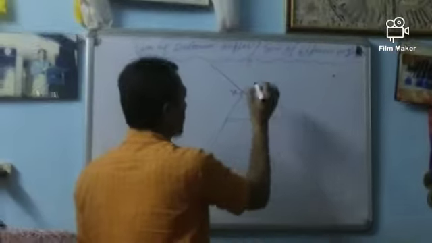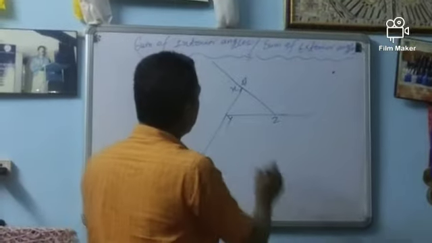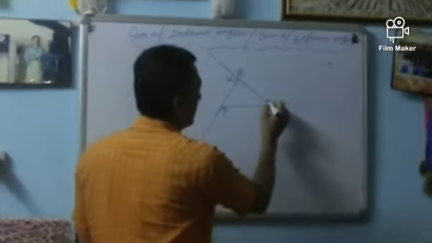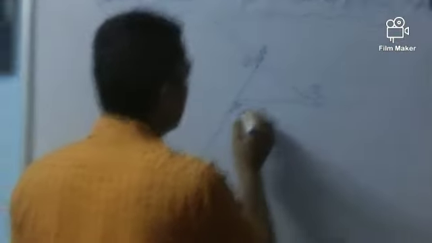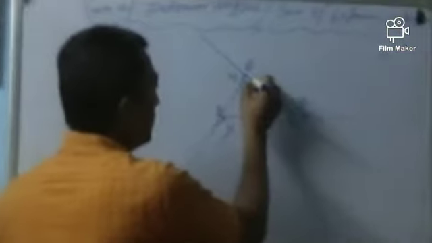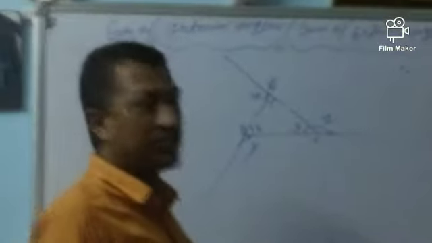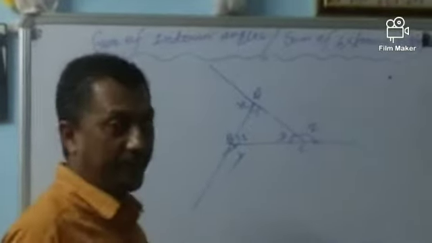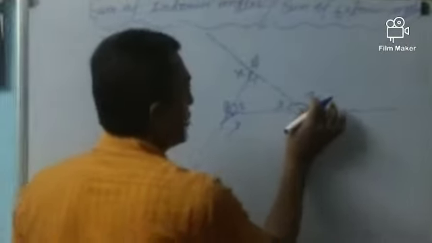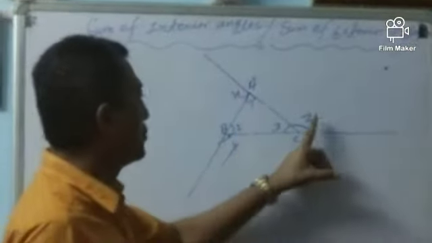Suppose we take this one as X, this one as Y and this one as Z, or angle A, B and C. Let us label the interior angles 1, 2 and 3. Interestingly, we have learned previously about the exterior angle: suppose this exterior angle is Z, it is the sum of angle 1 and angle 2. So angle 1 plus angle 2 is equal to Z.